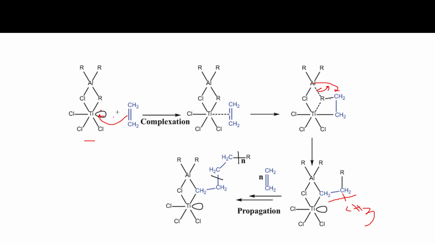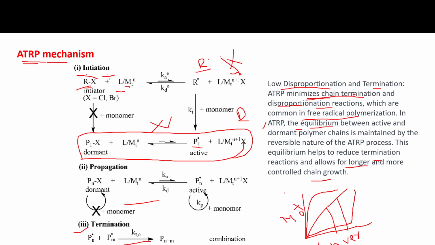Then the pi acceptor gives electrons into the vacant site and makes a bond. Then the aluminum attacks the CH2 side and the R bond is cleaved. Then another ethylene or propylene unit comes in, and we can get isotactic or syndiotactic polyethylene or polypropylene.